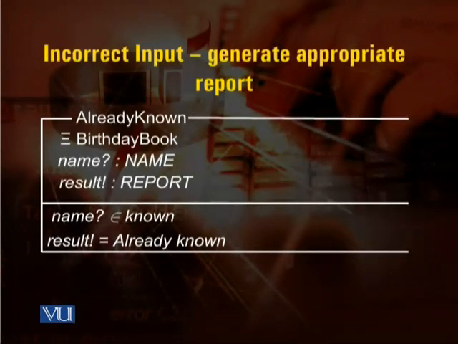The input is name, the output is result, and name is a member of known, and the result, that is output, is sort of a report that this thing is already known. Now what we are doing here, once again, the schema itself is very simple, so there is no need to probably discuss this in detail.